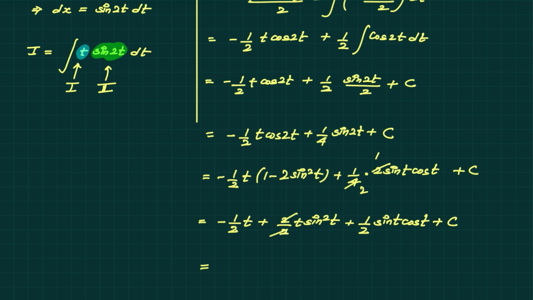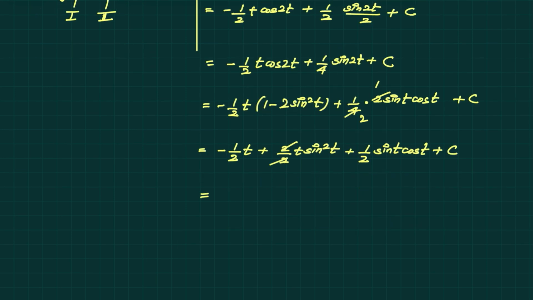Now let us put back the value of t. We had considered sine inverse of root x to be t, from which we got x to be sine square of t. So here we will have minus 1 by 2, the value of t is sine inverse of root x, plus t is there, that means sine inverse of root x, and instead of sine square t we can write x.